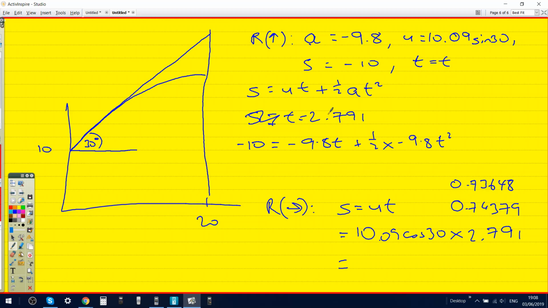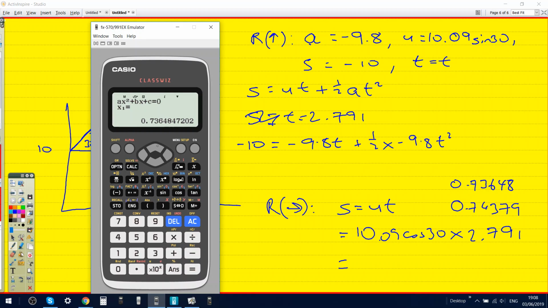In front of the... the u, so 10.09 sine 30 times t, and then c is plus 10. So I get 2.033 and minus 1.0. I don't know. Well, a half times minus 9.8 is minus 4.9.